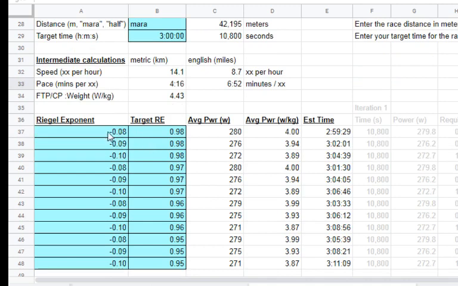What I did is you can see those 3 Riegel exponents that I'm bracketing, and I repeated them 4 times with 4 different target running effectiveness values. So I bracket minus 0.08, minus 0.09, minus 0.10, all with a running effectiveness of 0.98, and then 0.97, 0.96, 0.95.